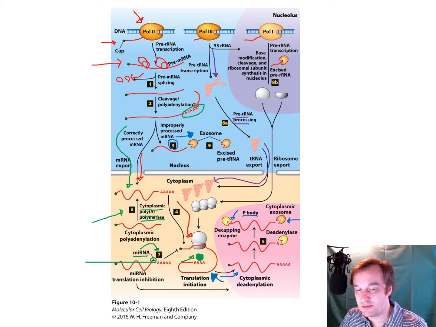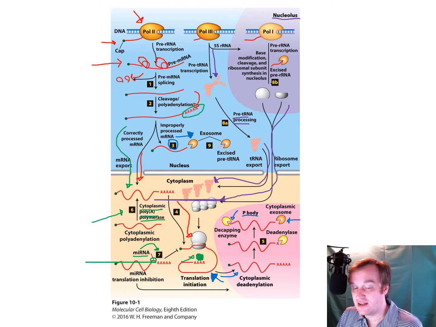And remember, that pulls the amino acids as we're reading the mRNA and adds them to the growing amino acid chain. And then lastly, in the nucleolus, within the nucleus, we have polymerase 1, and this transcribes those rRNAs, and then they are exported to be integrated into the ribosomal subunits.